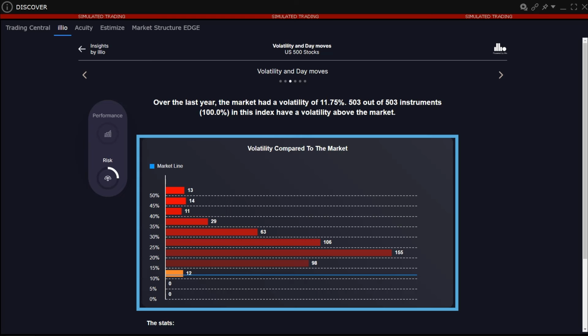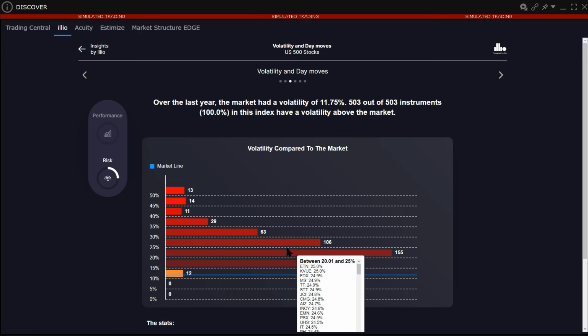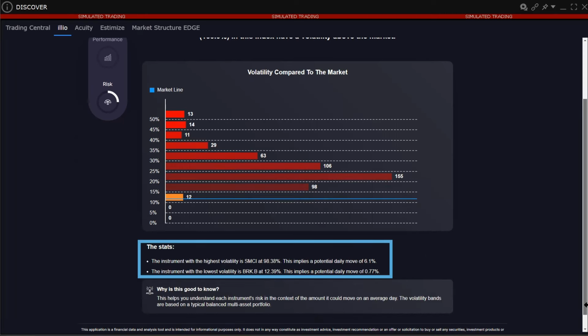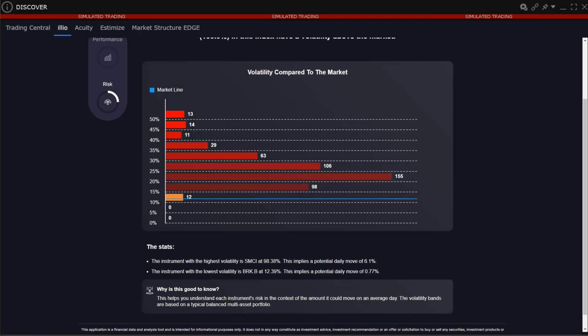There is a bar chart showing the number of stocks and their volatility compared to the market. Hover the cursor over each bar to see the stock's volatility. The chart is followed by the statistics, and at the bottom an explanation of why this data is important to an investor to understand each instrument's risk in the context of the amount it could move on an average day.